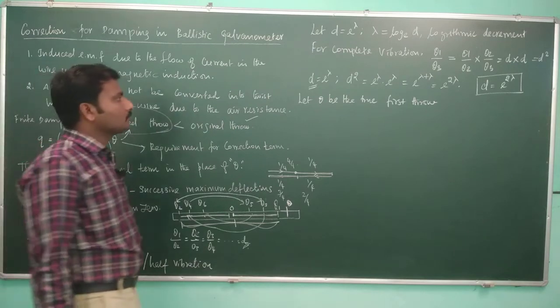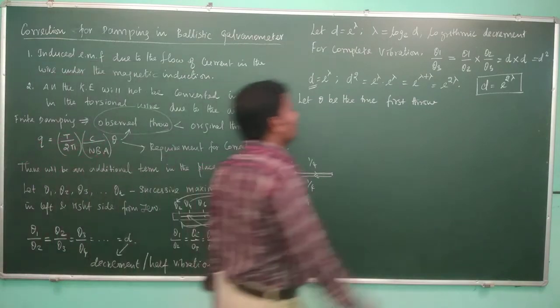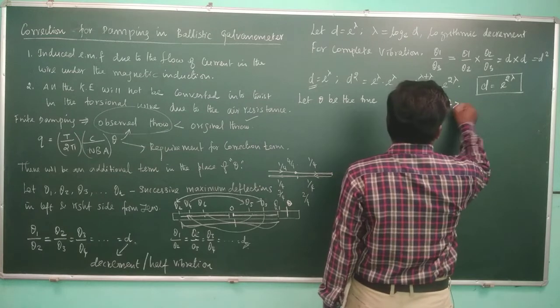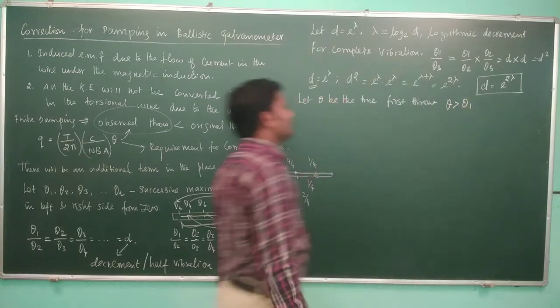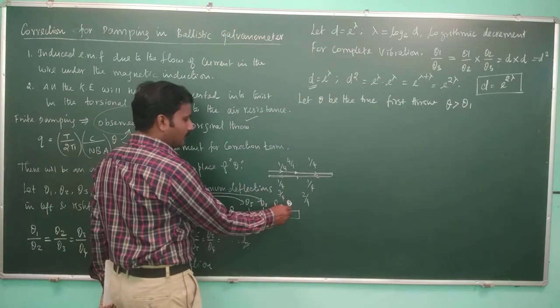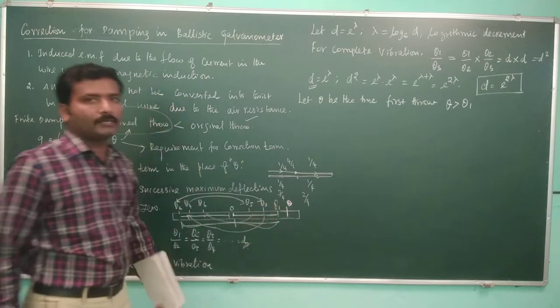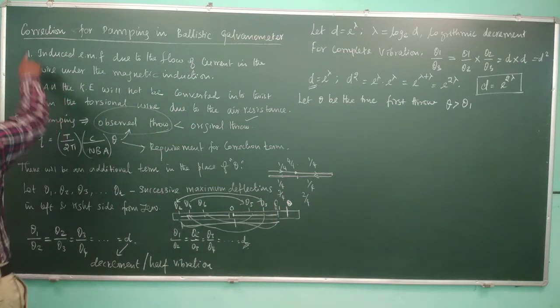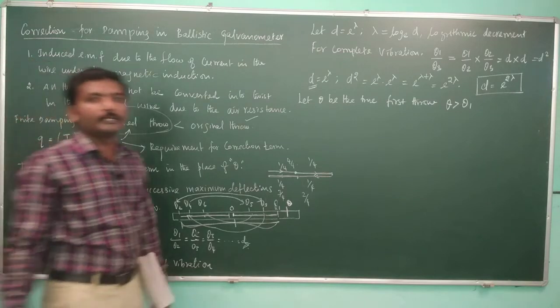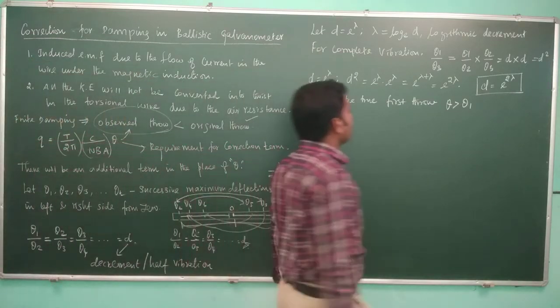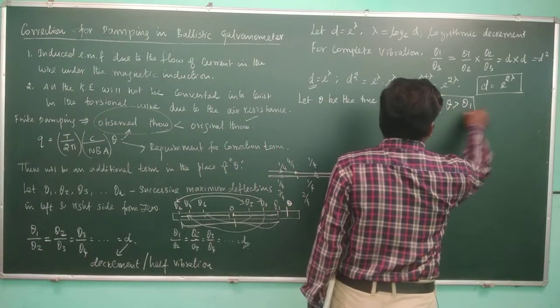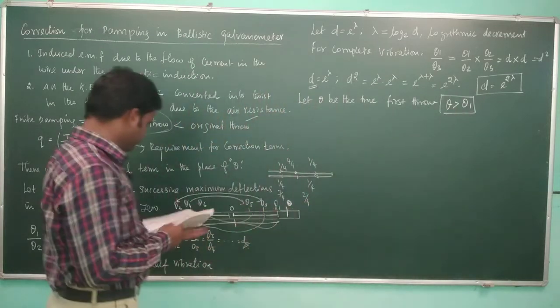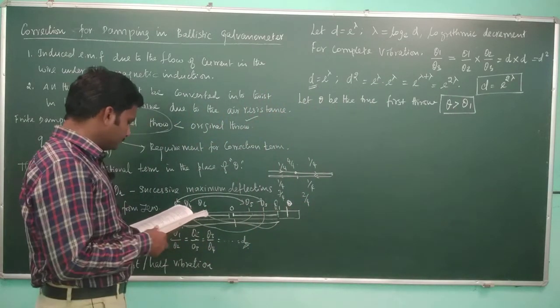This theta will be greater than theta 1, because theta 1 is obtained in the presence of damping, which occurred because of the two factors that we mentioned in the beginning. So theta is greater than theta 1.